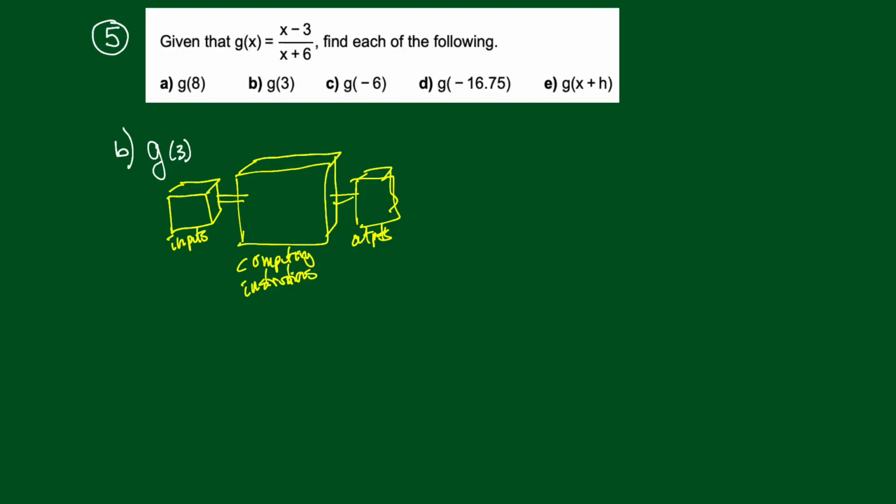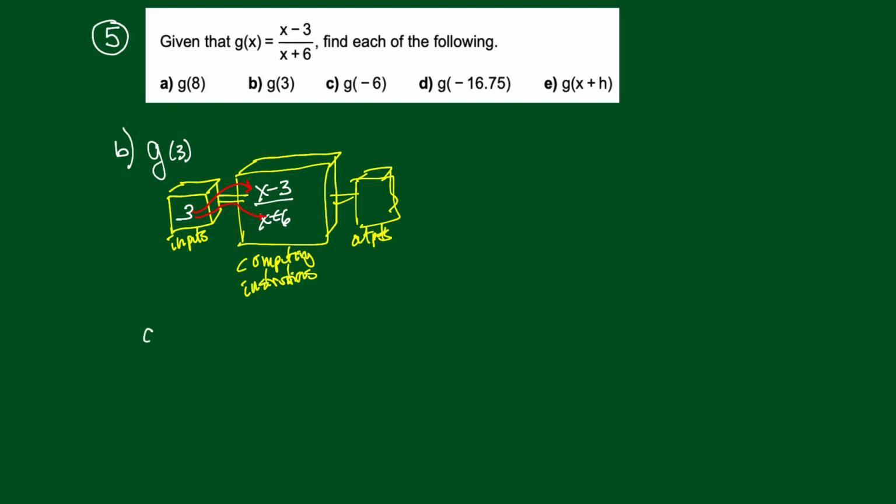Okay, so put in a 3. So what we're going to do is we're going to drop a 3 into our inputs, and we're going to send it through into these instructions here. Now the instructions are subtract 3 from that number, add 6 to that number, and then see what you get out. All right, so put in the 3, put a 3 in here, and a 3 in here, and let's see what happens.